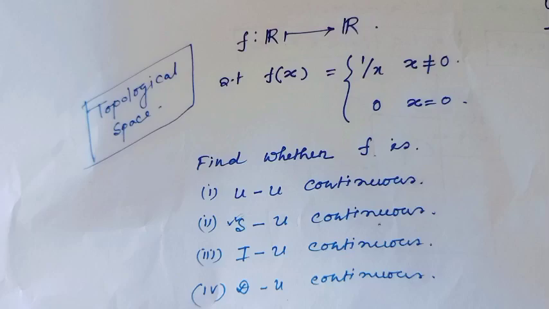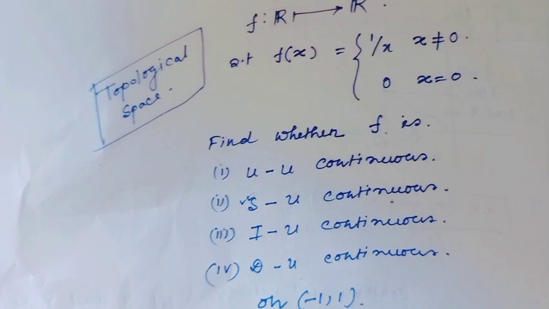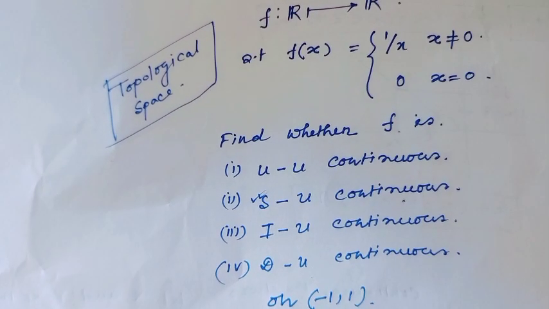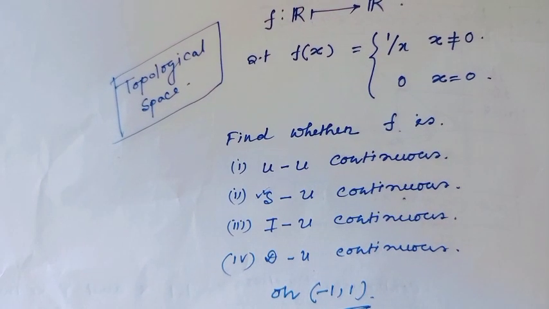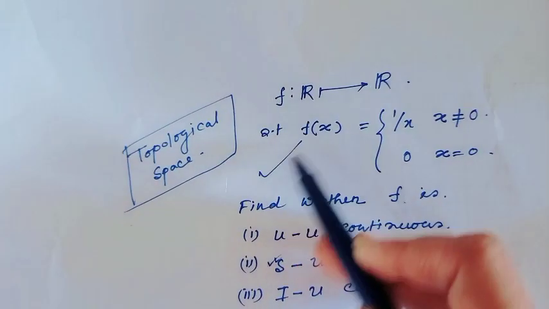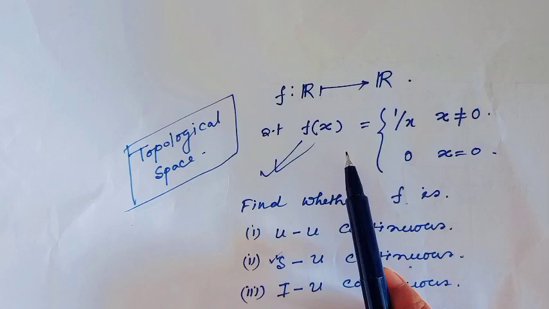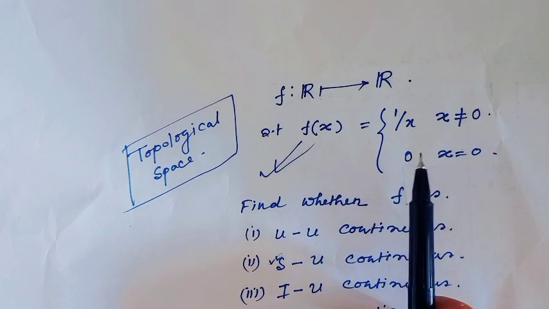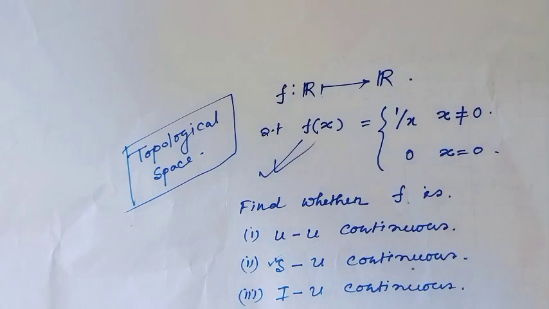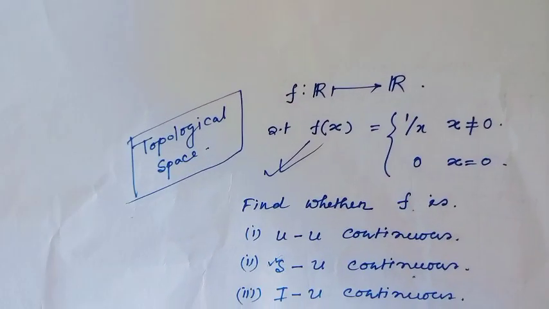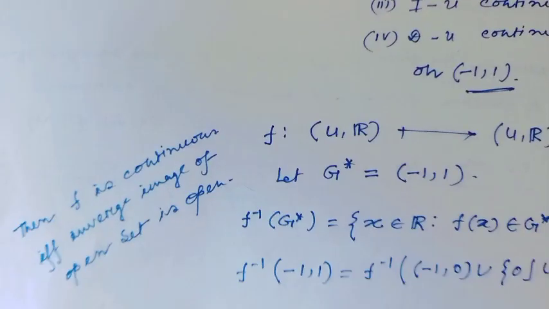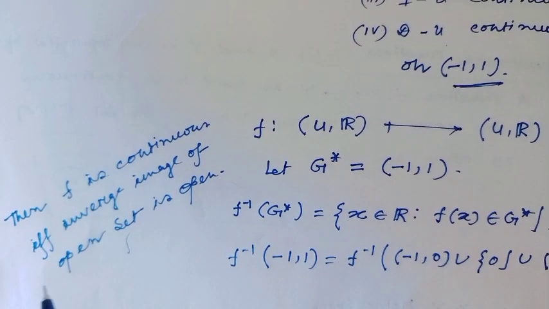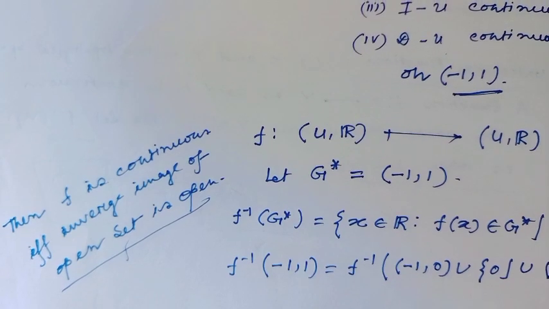So I will check continuity on the usual topology on the set -1 to 1 of this function. Here the function is defined f(x) equal to 1 over x when x not equal to 0, and 0 when x equal to 0. We all know a function is continuous if the inverse image of an open set is open.